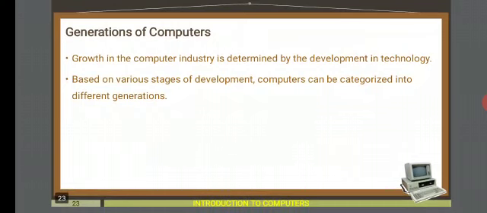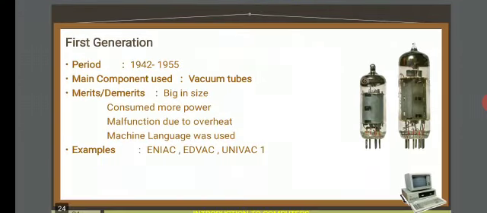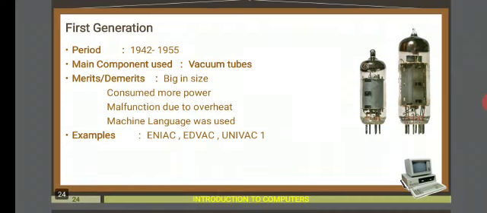Okay, so next we are going to see the various generations of computers. The first generation was the period from 1942 to 1955. Here the main component was the vacuum tube. As for the advantages and disadvantages, it was very big in size, like room size.